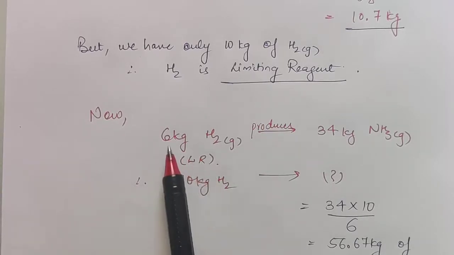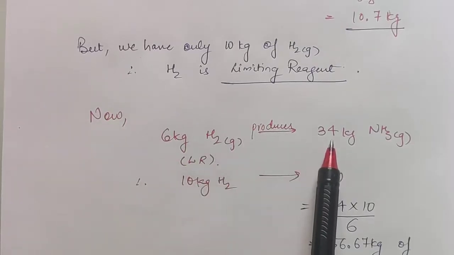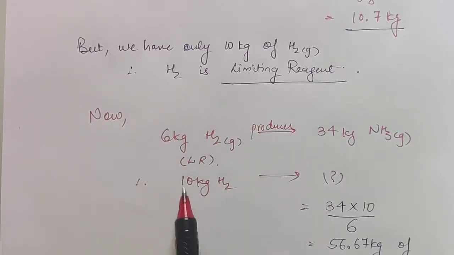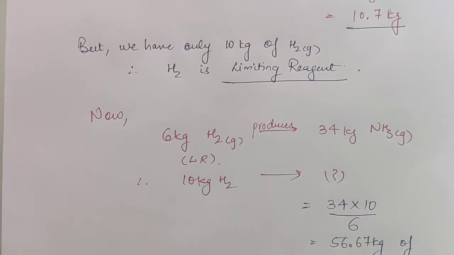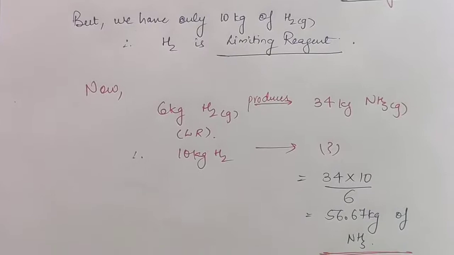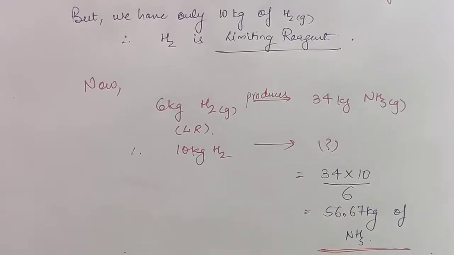Okay, so 6 kg of hydrogen produces 34 kg of ammonia. So how much will 10 kg of hydrogen produce? Simple, I suppose. So 34 into 10 divided by 6, which is 56.67 kg of ammonia. Clear to all of you? I hope the concept of limiting reagent is clear from this question.